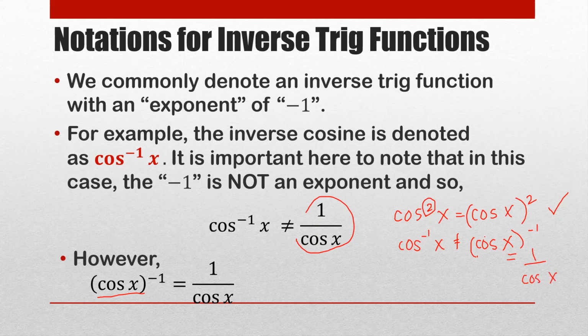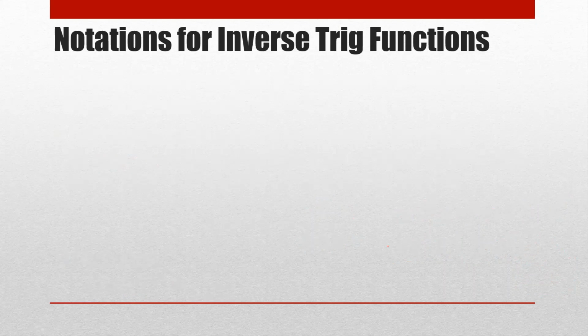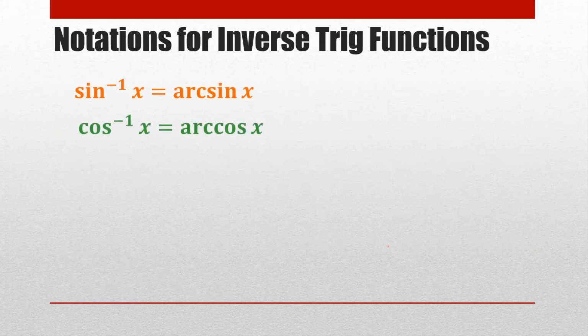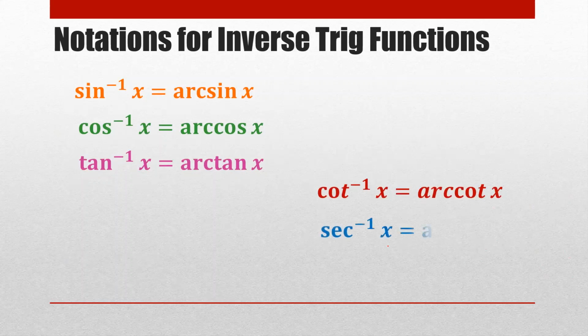This expression on the right, siya yung equal sa 1 over cosine x, but this one, iba siya. Okay? That's the inverse trigo function for cosine. So, pakilala ko sa inyo yung arc sine x, arc cosine of x, arc tan x, arc cotangent x, arc secant of x, and arc cosecant x. Okay? So, those are the inverse trigonometric functions.